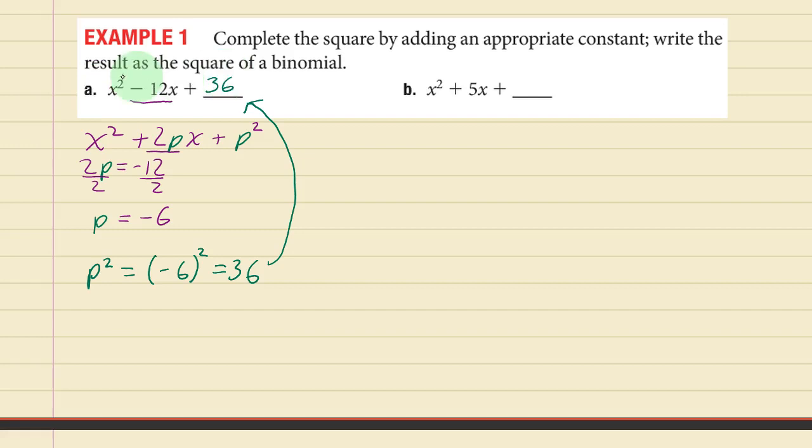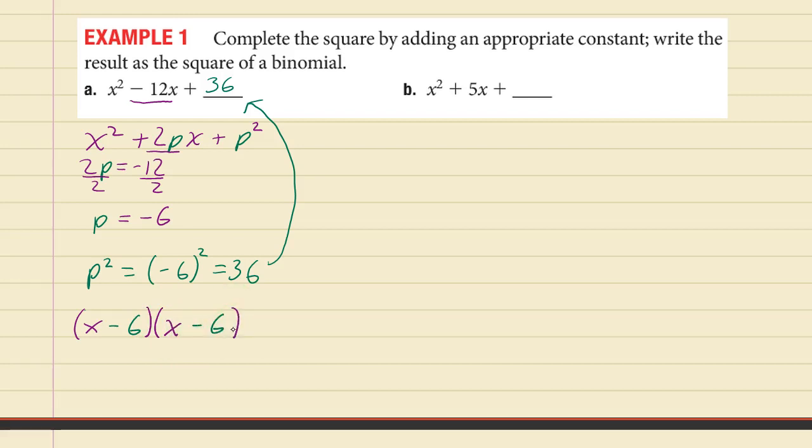So if we try to factor this now to write it as a binomial times a binomial, we can do it as x. Let's see, we want two numbers that add up to -12 and multiply to make 36. Well, I think -6 is going to work. We got x minus 6 and x minus 6.